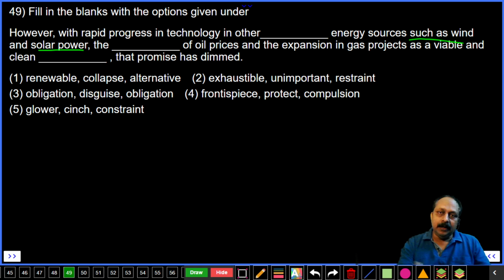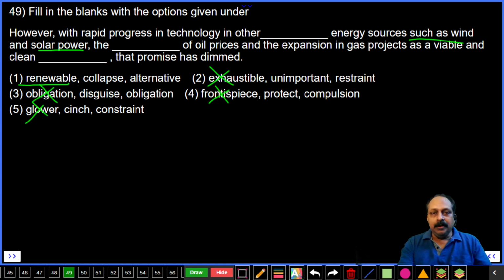Non conventional energy sources are renewable. And under non conventional renewable sources, we have wind and solar power. Based on that, here, renewable, exhaustible not correct, obligation not relevant, front piece not relevant, grower not relevant. You can decide, but cross check other words.